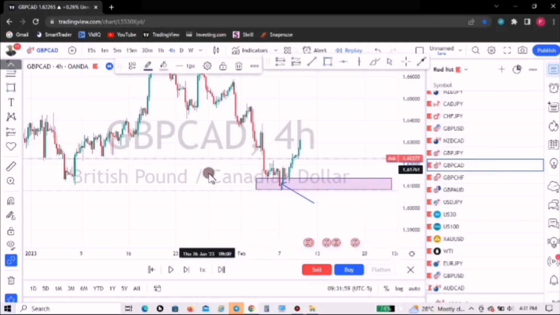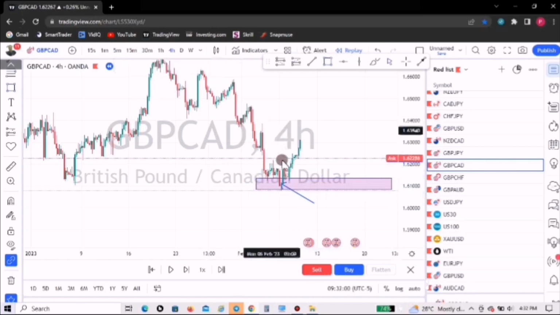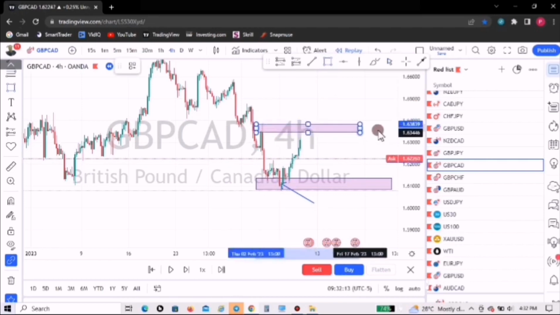This is the lowest point, and the place where the move that led to this lowest point began, I can say it is this move.